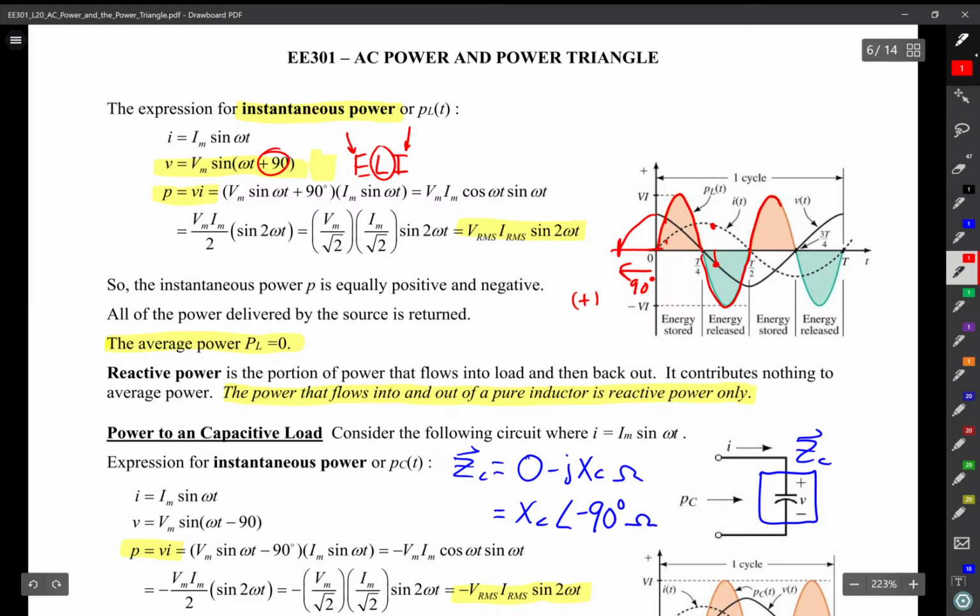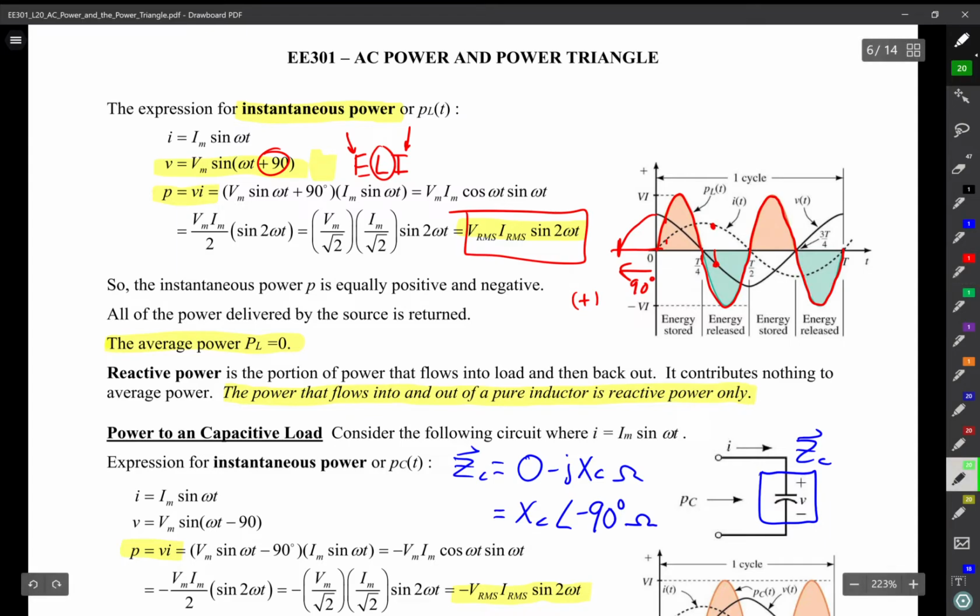And then I have a positive value and a negative value. So what we're seeing here is that the instantaneous power is also a sinusoid, and the answer is shown right here. Now, if I just look at that sinusoid that I just drew superimposed over the top of those time domain signals, I can see that the average power is 0.